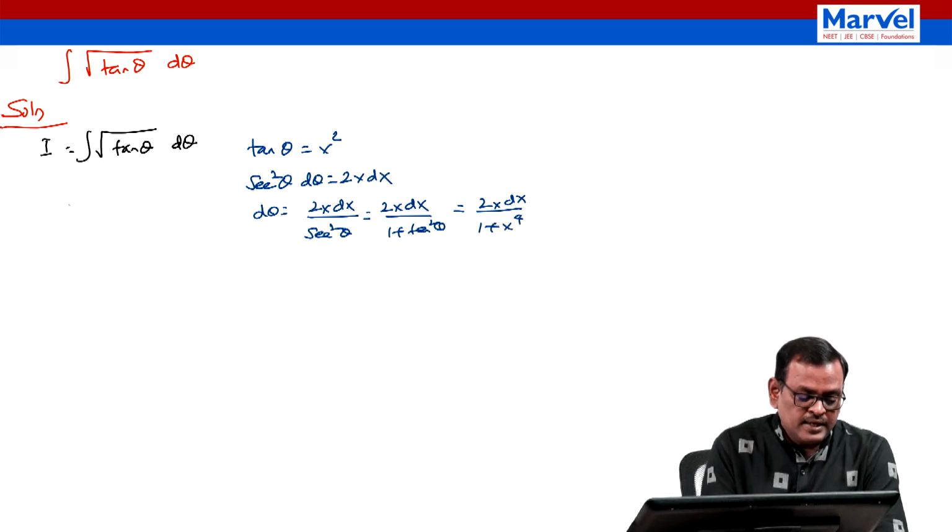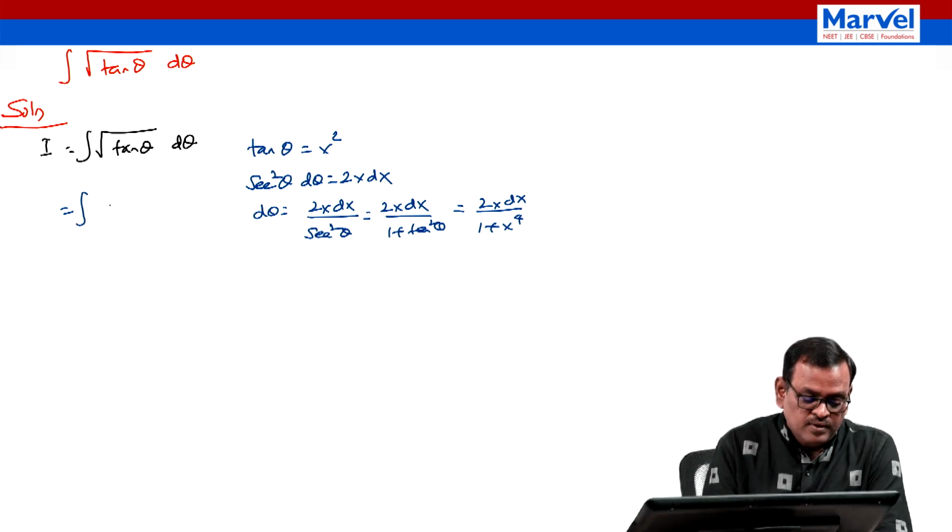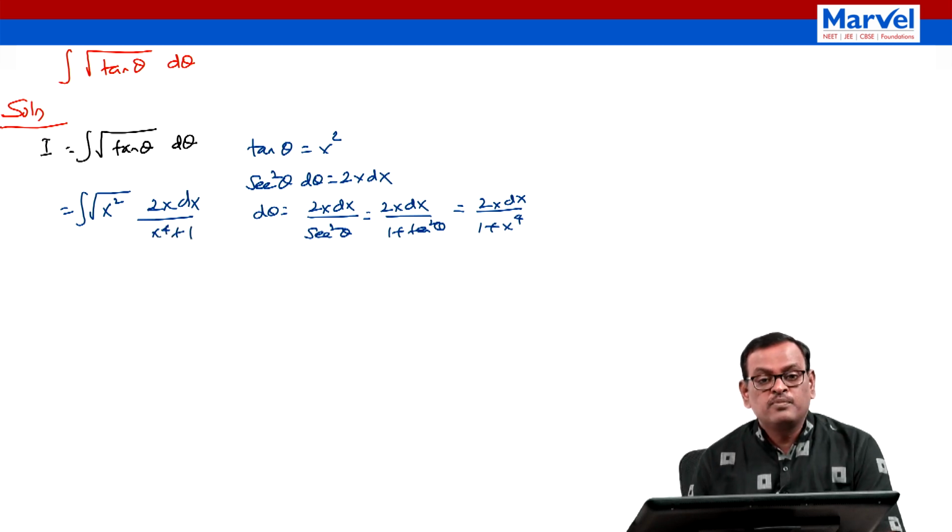Now the given integrand becomes root of tan theta, which equals x, into d theta, 2x dx by x power 4 plus 1.